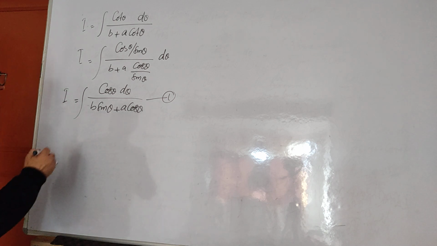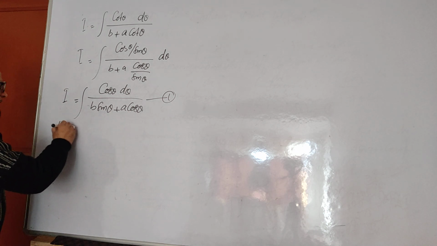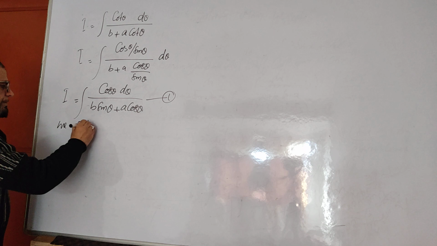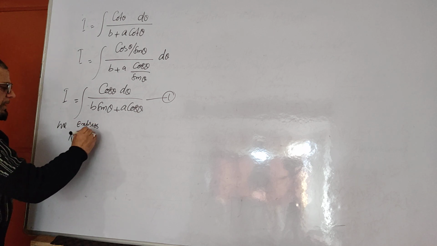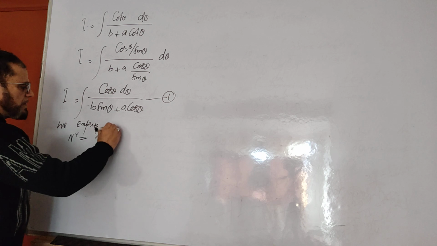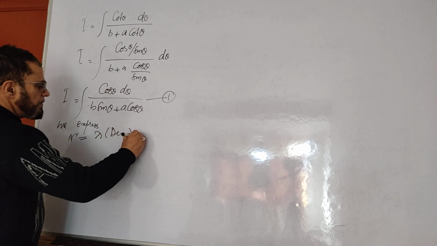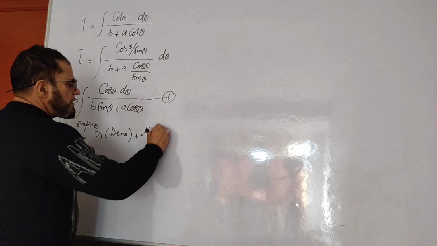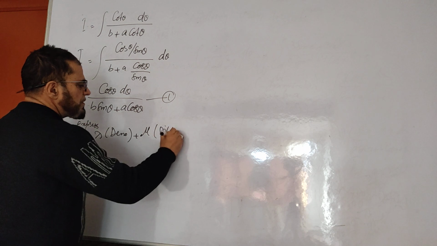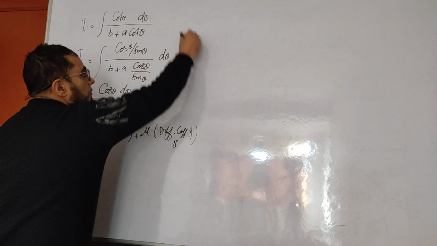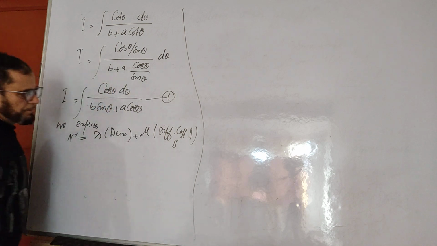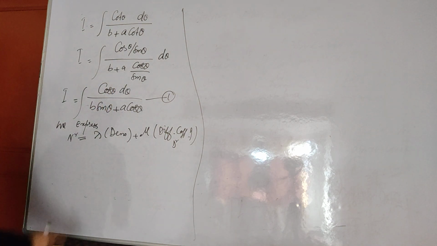In this case also, we express the numerator as lambda times the denominator plus mu times the differential coefficient of the denominator. We go like this. Now what is your numerator?